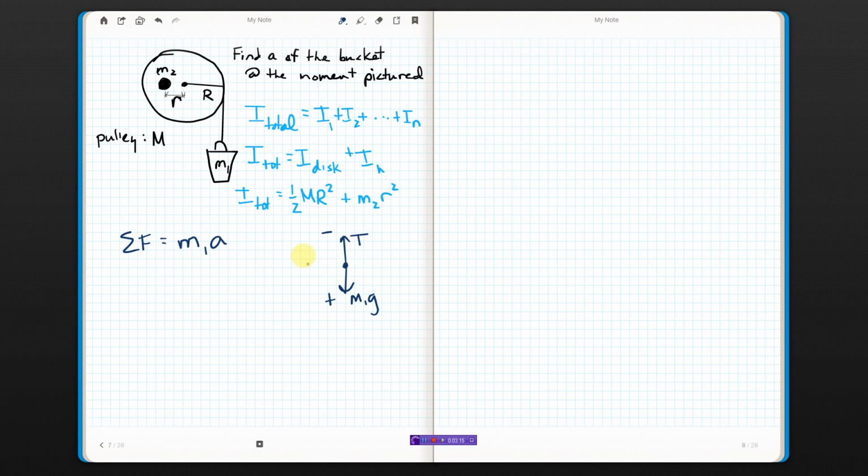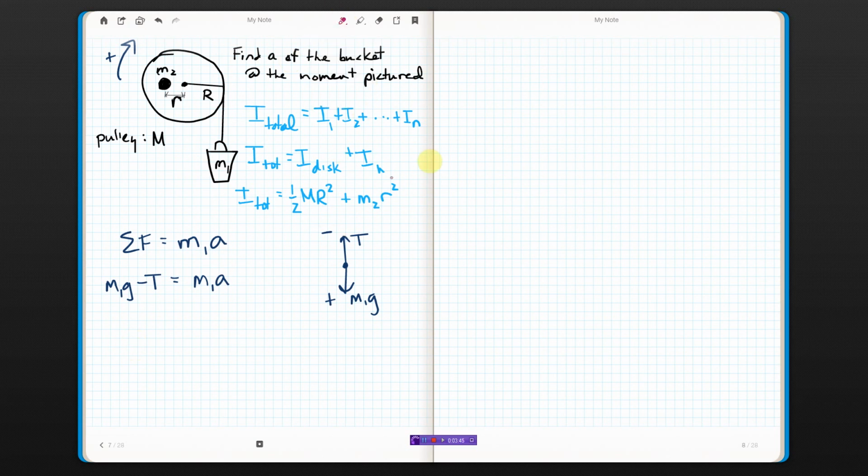There we go. If down is positive, when this moves down, this is going to unwind clockwise, which means clockwise is actually going to be positive this time. Keep that in mind when we get to the torques, okay? So for the linear thing, the net force is m1g minus tension equals m1a, okay?